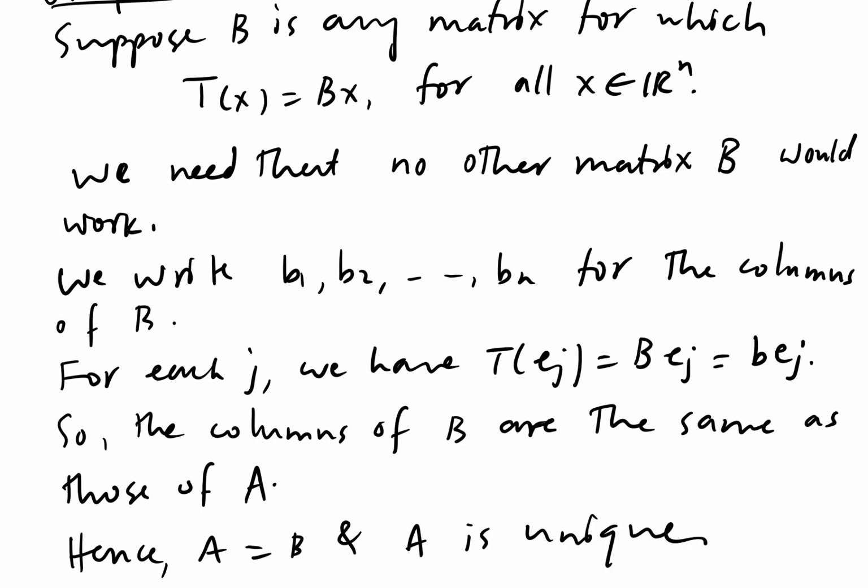So no matter what matrix you take, T of Ej is going to produce the same result if it's B or A or any other matrix.